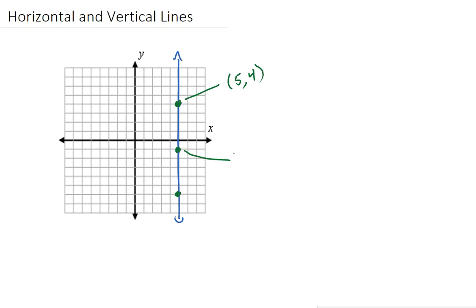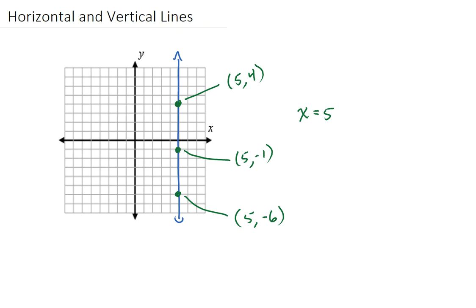This one corresponds to the ordered pair 5, -1. This bottom one here corresponds to 5, -6. So with this, we can see as we vary up and down the line, the x value is held steady, and it's the y value that is free to roam about and cover all of the real numbers. So in this case, our equation for this line will be x equal to 5.